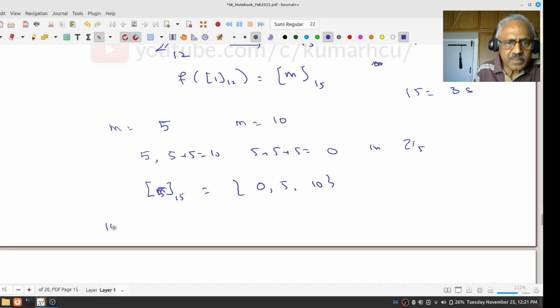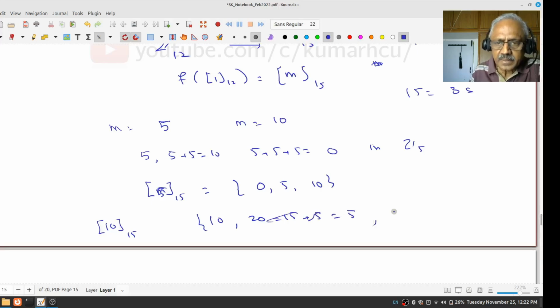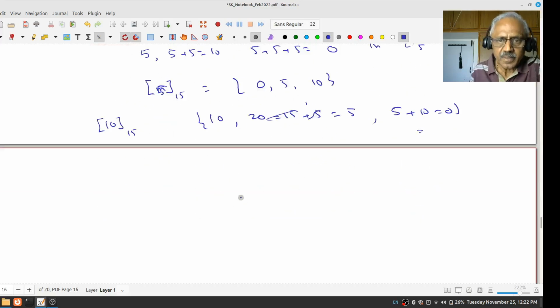And let's look at the subgroup generated by 10. That is 10, that is 20, which is 15 plus 5, therefore equal to 5, right? And then 5 plus 10 is 15, which is 0. Therefore, it's again the same subgroup. Are you following? Pause, review, proceed.